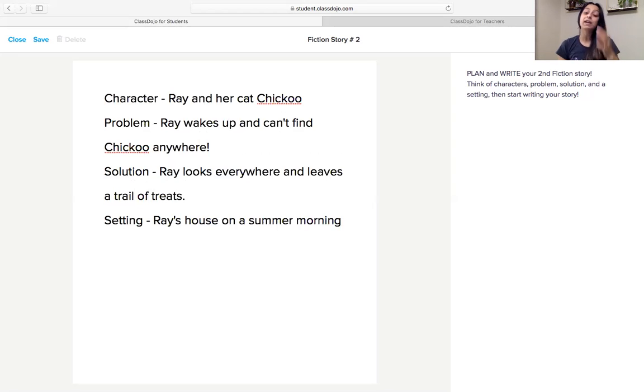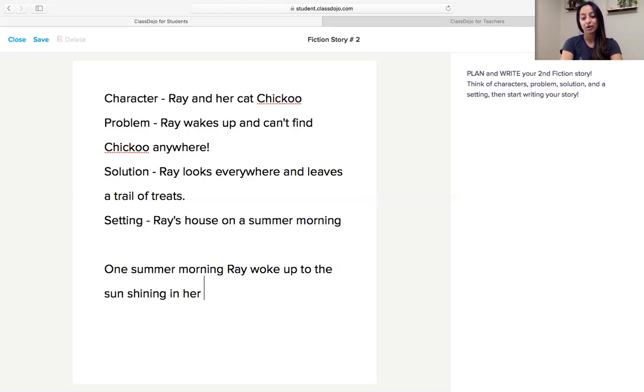Okay, so here I didn't have an organizer, but I still typed out my character, my problem, my solution, and my setting. Now I can skip a line and start writing my story. One summer morning, Ray woke up to the sun shining in her face.